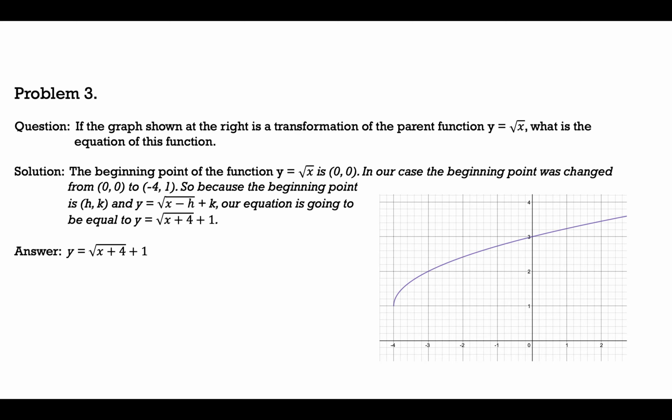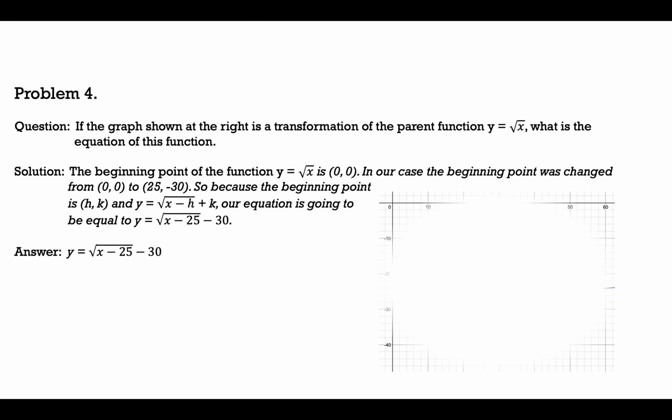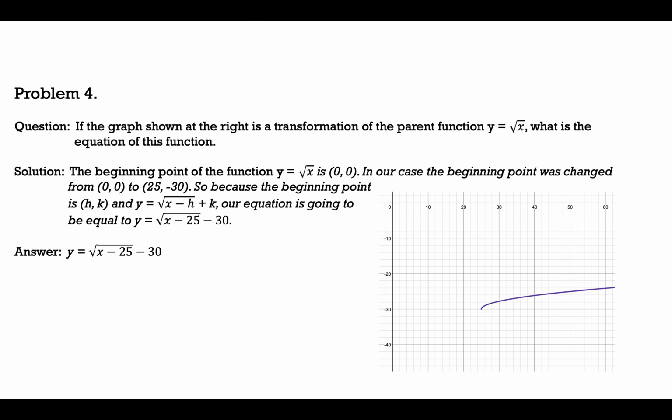And here we go into the last question, the fourth one. It asks you again: if the graph shown on the right is a transformation of the parent function y equals square root x, what is the equation of this function?